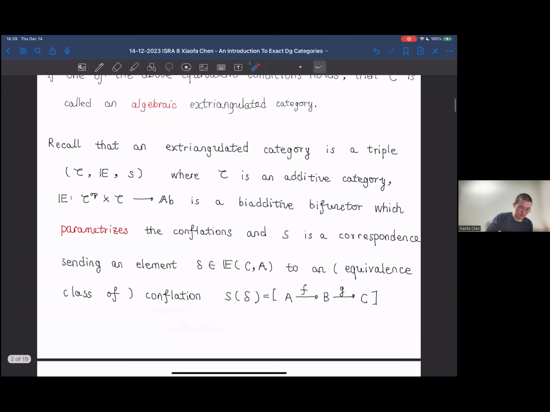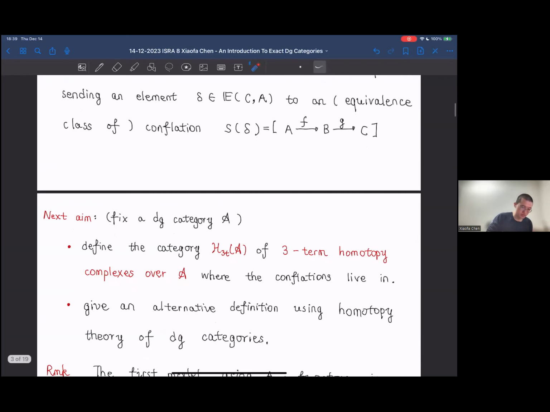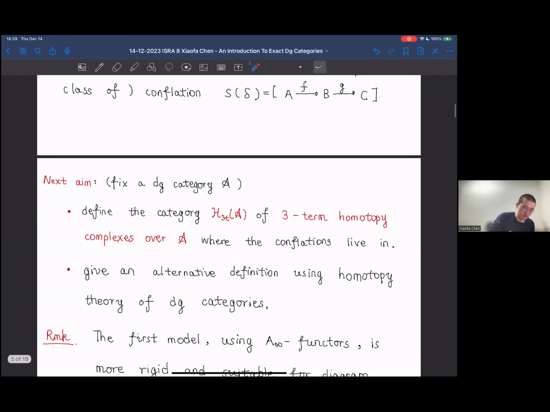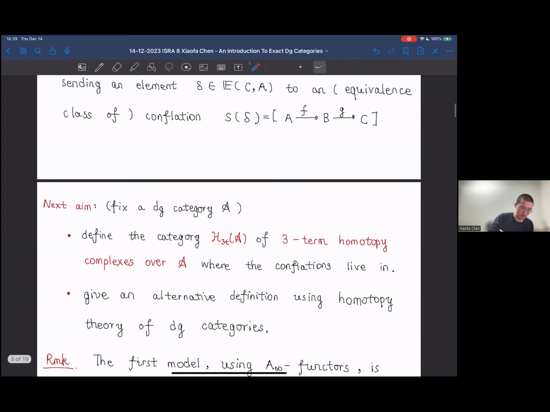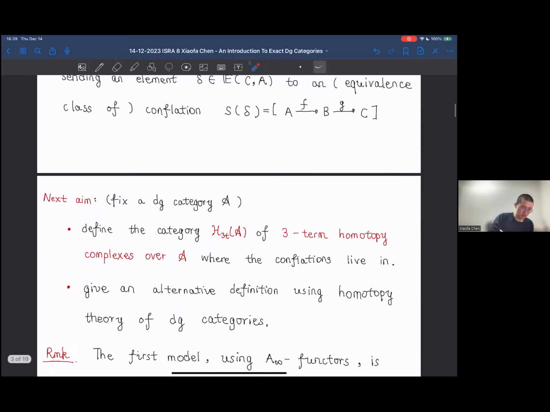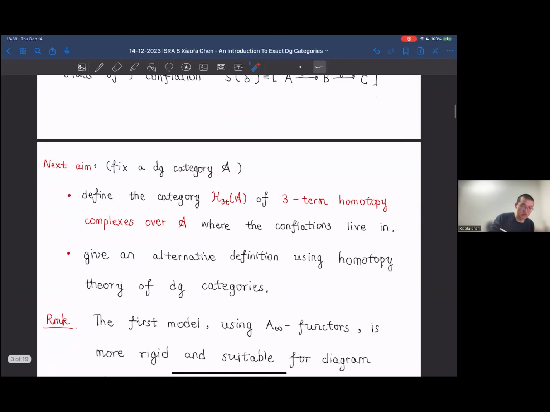And our aim in the first lecture is to define the category of three-term homotopy complexes over A, where the required conflations will live in this category. And we will give an alternative definition using the homotopy theory of dg categories.